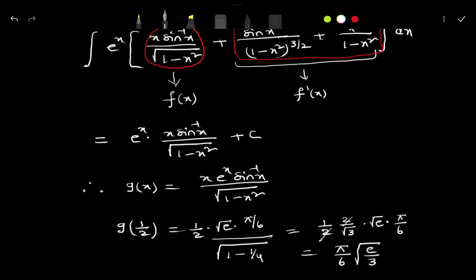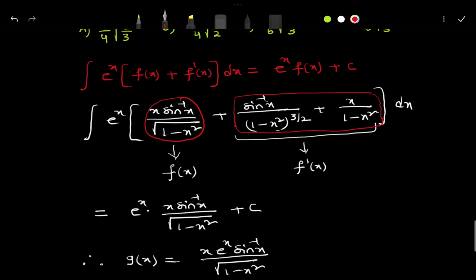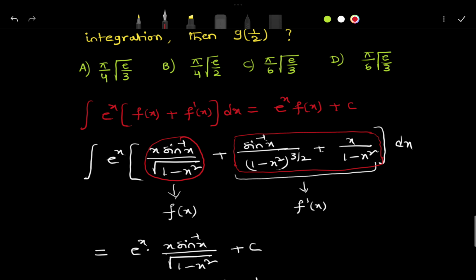So your answer is pi by 6 into square root of e by 3, that is g of 1 by 2.